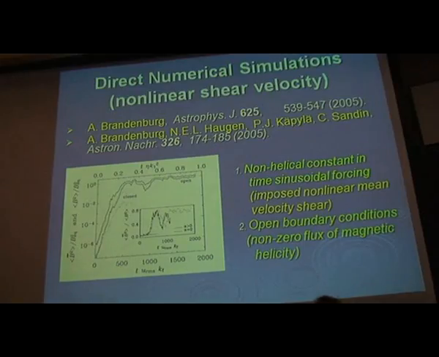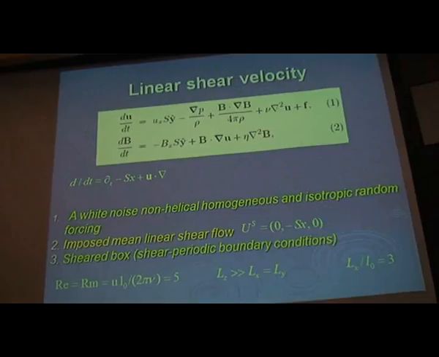The simulations which we would like to discuss have another setup. We have white noise, non-helical, homogeneous and isotropic random forcing, which produces background turbulence, and there is imposed linear velocity shear.